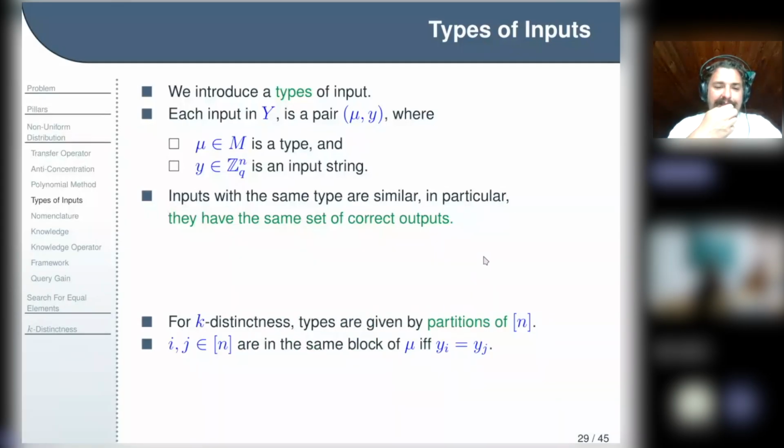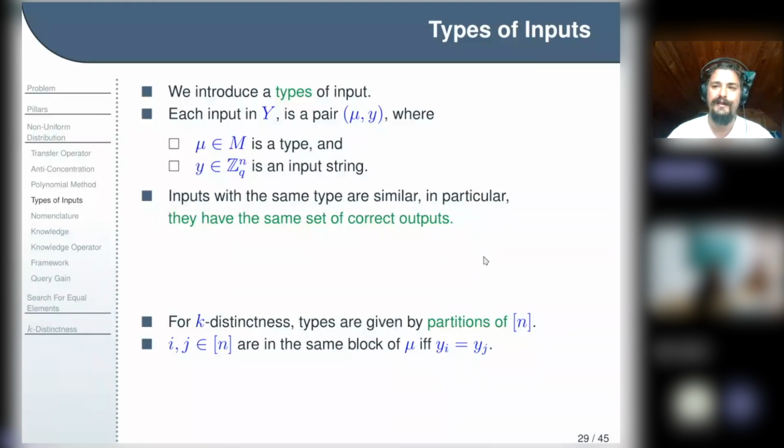For the k-distinctness problem, types are given by partitions of n, where the partition is the usual thing: i and j are in the same block of mu if yi is equal to yj. This kind of partitioning is the same as in the hidden subgroup problem, where you partition into cosets.